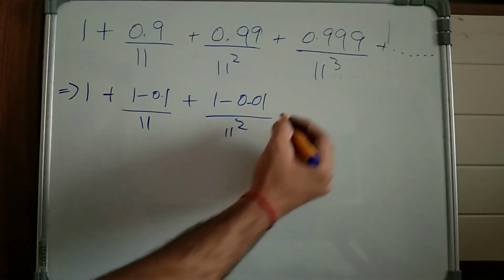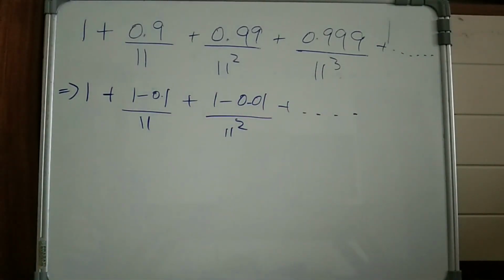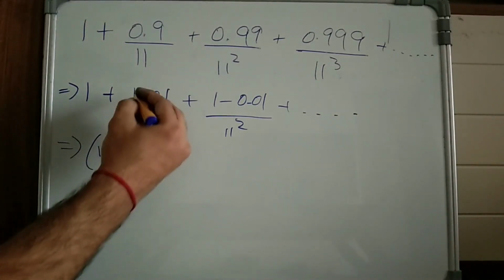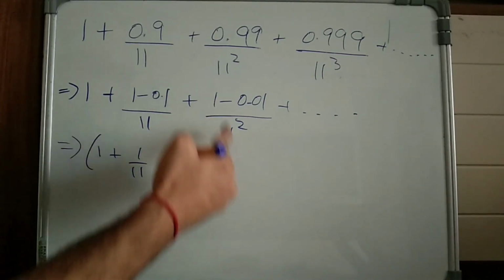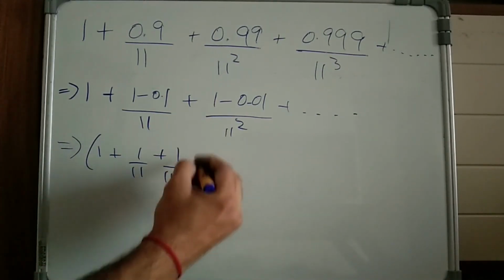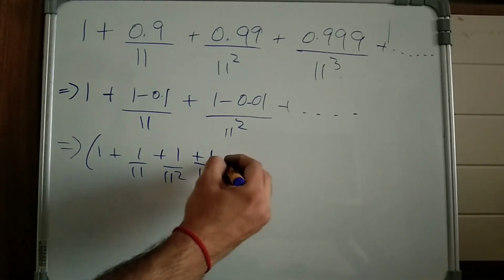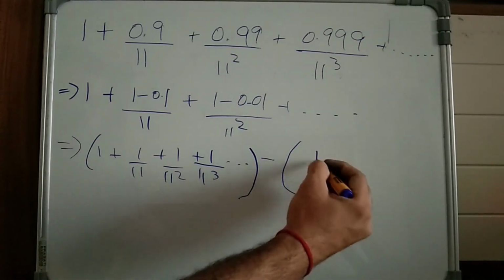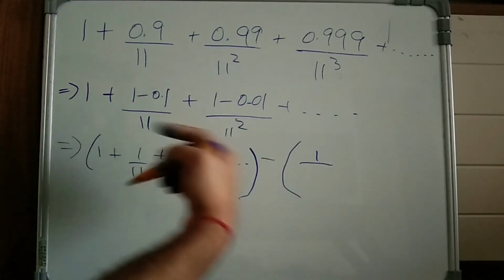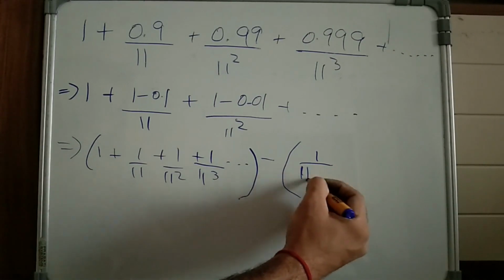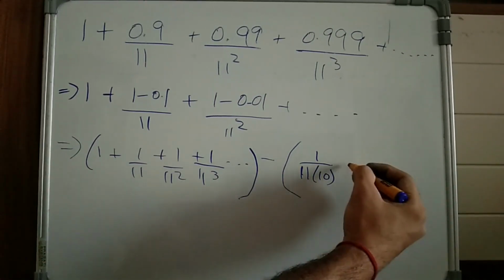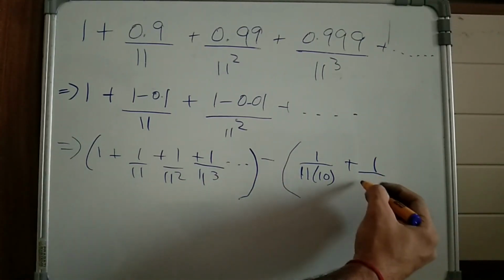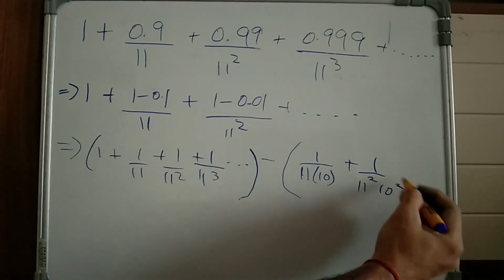This is 11 square, and this way. Okay, now how can I write this? This is 1 plus 1 by 11 plus 1 by 11 square plus 1 by 11 cube, right, minus 1 by, now 0.1 by 11, that is nothing but 1 by 11 into 10, right, plus 1 by, how can I write further, 11 square into 10 square.